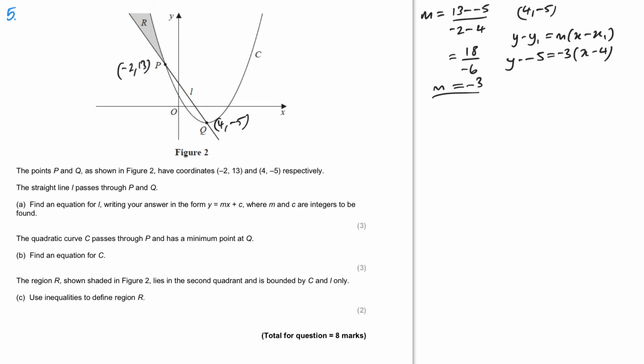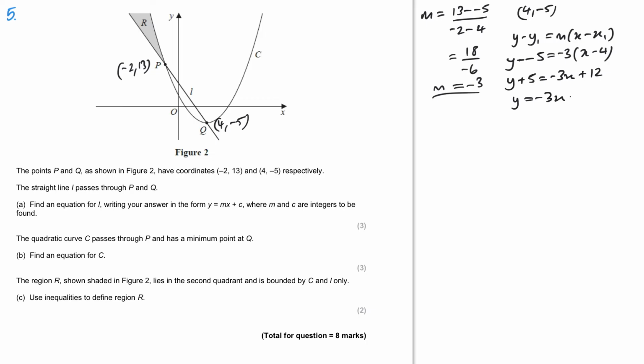x minus 4. And be careful here, a mistake I often make at this point is that sometimes I'll put the x coordinate into the y and the y coordinate into the x. So you do need to be a little bit careful and not rush these, as it is quite easy to make those kinds of mistakes.